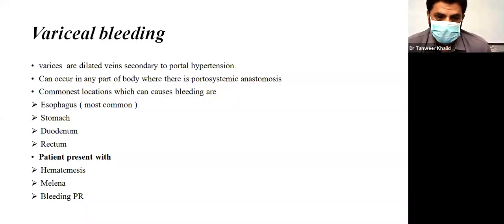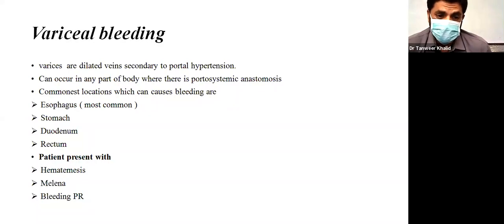So the blood entering the liver feels resistance in its flow. Where there is portosystemic anastomosis, blood diverts to that side. When blood flow increases in those anastomotic sites that are not the usual sites, pressure increases, they enlarge, and they become varices.